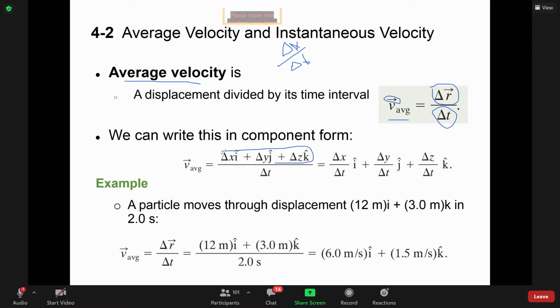by delta t. So if you have a fraction like this, you can divide each parameter by the denominator. Which means delta x by delta t, now I have a quantity i hat, delta y by delta t, I have another quantity j hat, and delta z by delta t is another quantity. What is this delta x by delta t? It is v average along x, the x component.